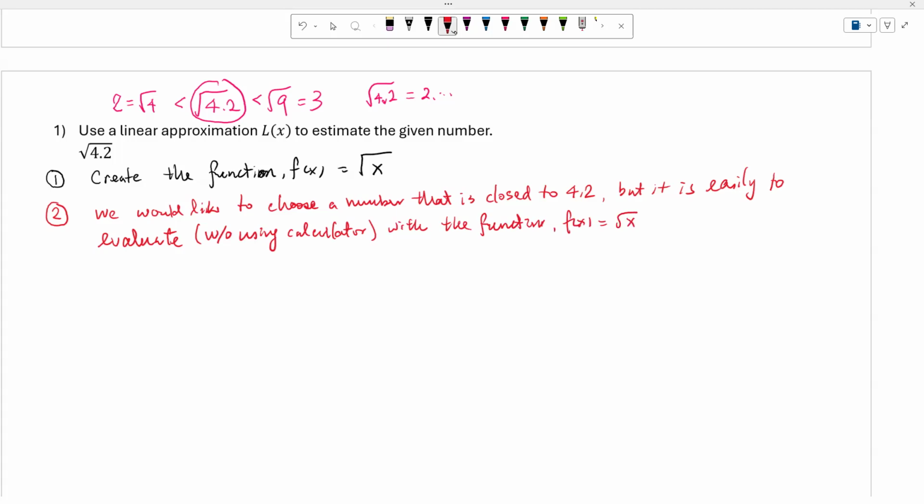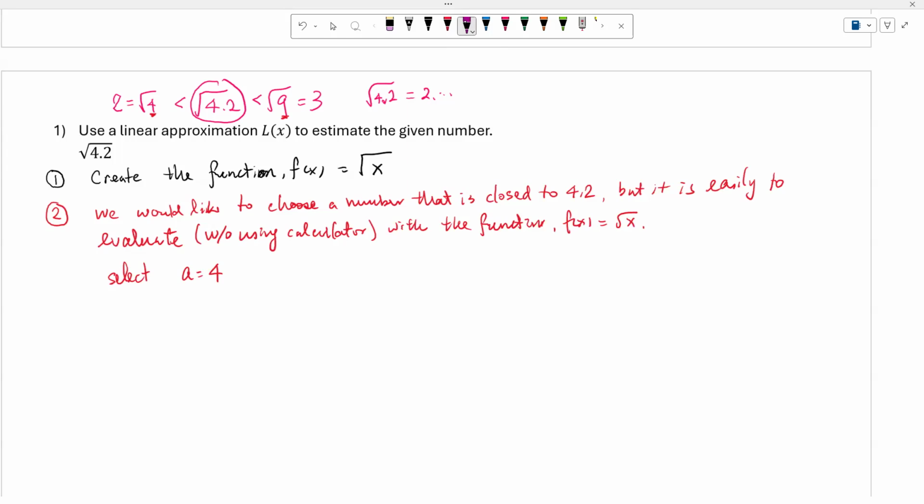In this case, we have two choices: as we mentioned, we could use 4 or we could use 9. I will choose 4 instead of 9 because 4 is closer to 4.2 than 9. So we select a equal to 4.